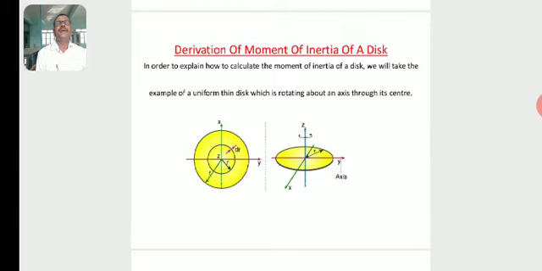Let R be the radius of the circular disk, where the z-axis is perpendicular to the plane of the disk, and x and y lie in the plane of the disk. Just see the diagram.